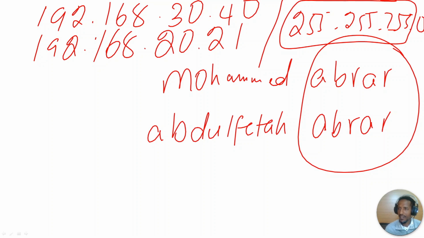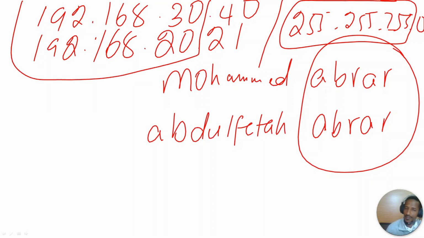We're not going to look at the last number; we check these three values. They are similar in the first value, similar in the second value, but not similar in the third value. So these two PCs are not in the same network.